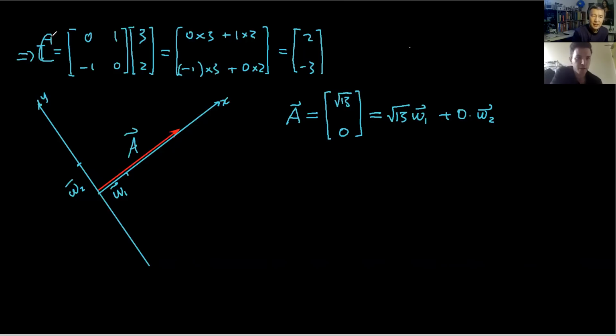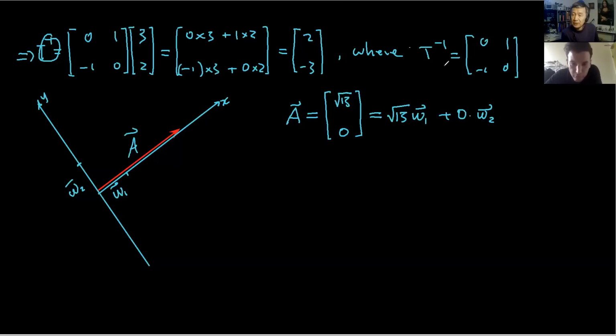This one, this transformation, I just use the T inverse, T inverse equal to 0, -1, 1, 0. Of course, this is for a particular example.